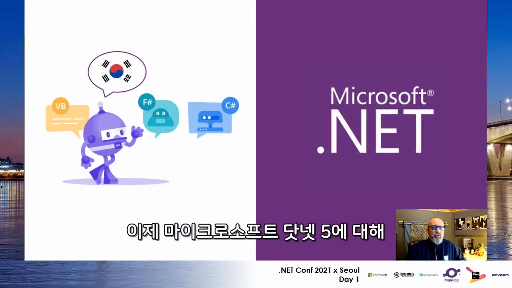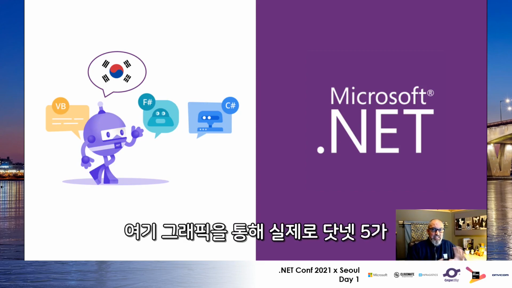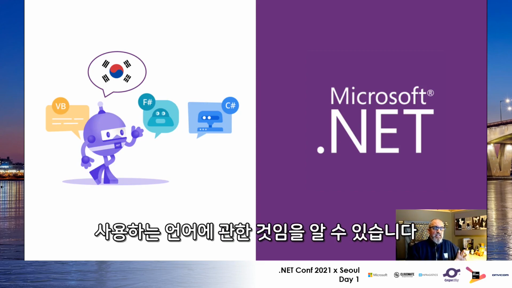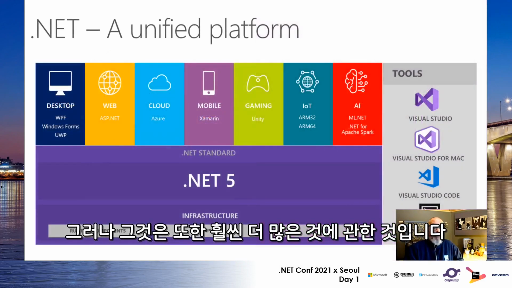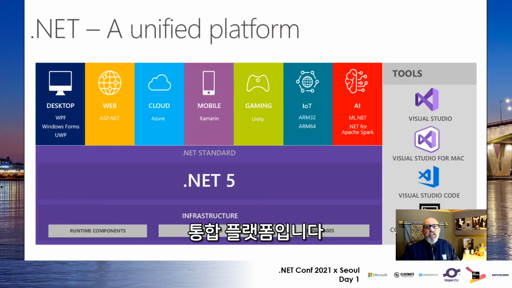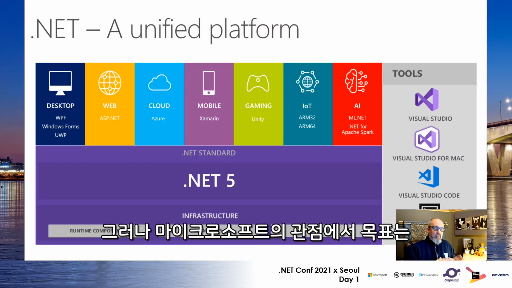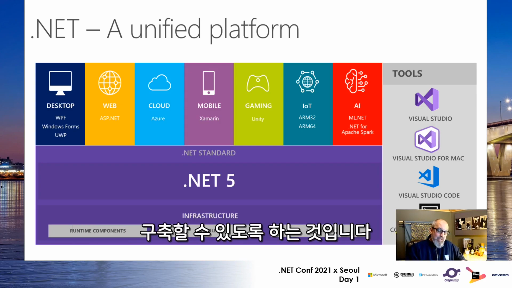So let's really start talking about Microsoft .NET 5. You can see by the graphic here that .NET 5 is about the languages that you use, but it's also about a lot more. It's really this unified platform, which they've been talking about for many, many years. The goal from the Microsoft perspective is to bring together all of these different versions of the .NET framework and then let you build whatever type of application you really want to build.